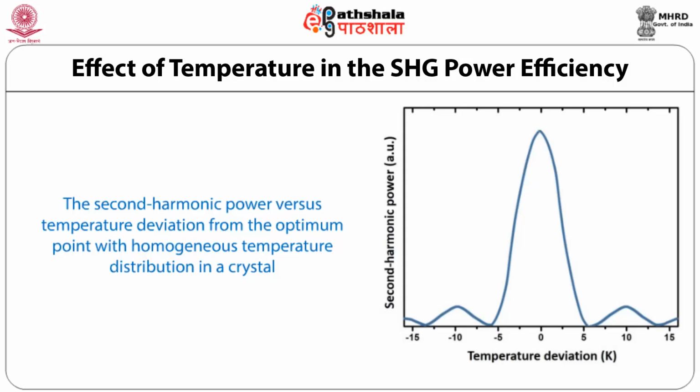For example, it becomes asymmetric if the crystal temperature is not homogeneously distributed throughout the length, or lower in temperature values at the end faces compared to the middle of the crystal. The temperature homogeneity in a crystal could be quantified from the phase matching curve, and the conversion efficiency could be optimized by fabricating crystals of desirable dimension.